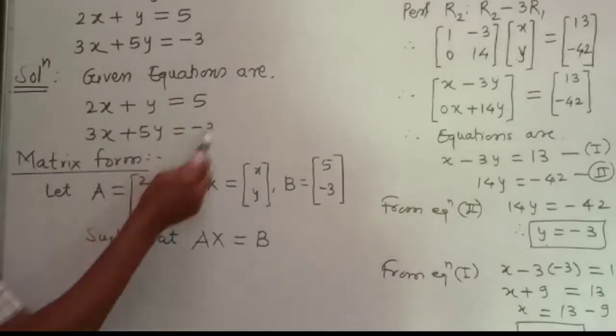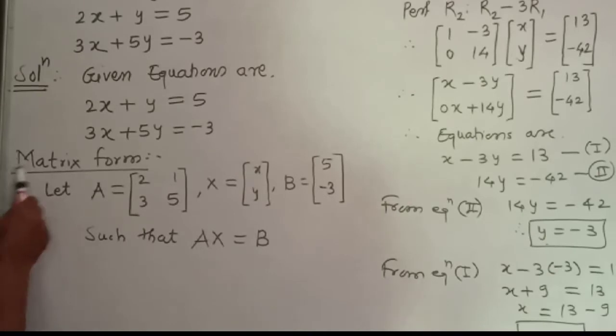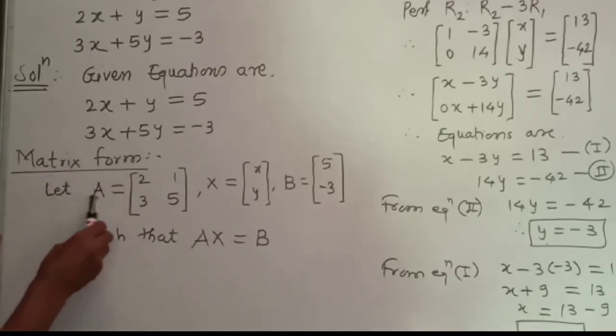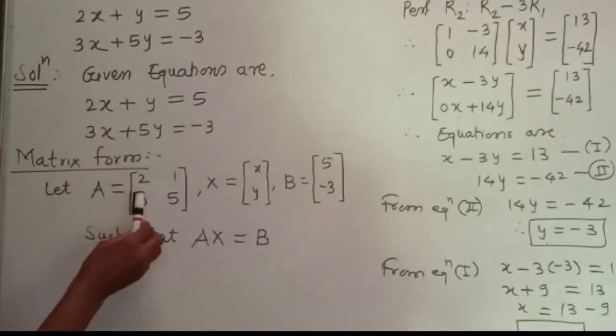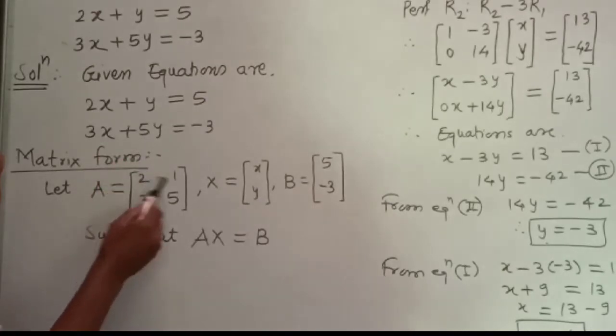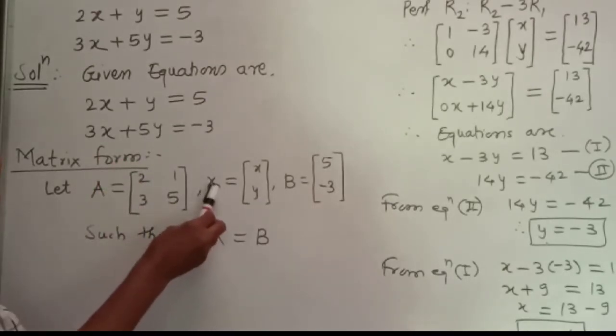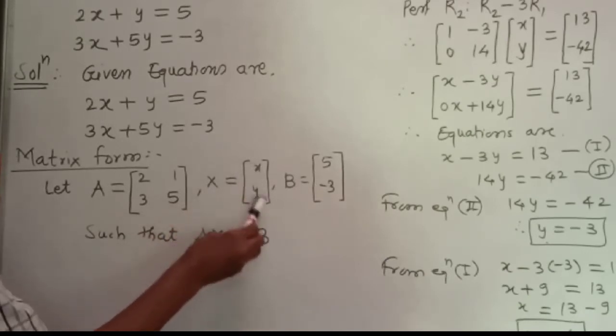Now convert these equations into matrix form. In matrix form, we consider matrix A is equal to the coefficients of x, y. Therefore, the matrix A is equal to 2, 1, 3, 5. Matrix X, that should be determined, so X is equal to the column matrix x, y.